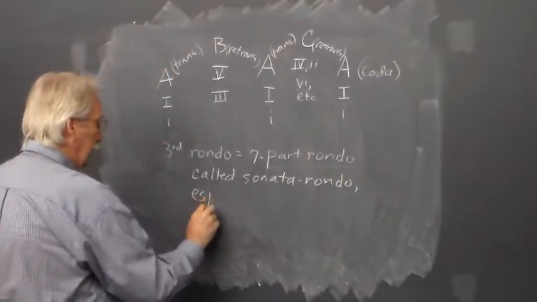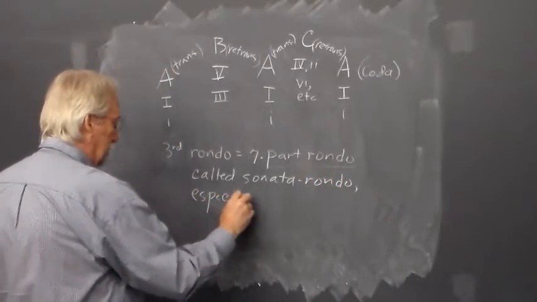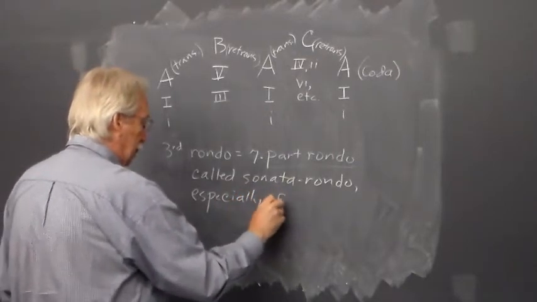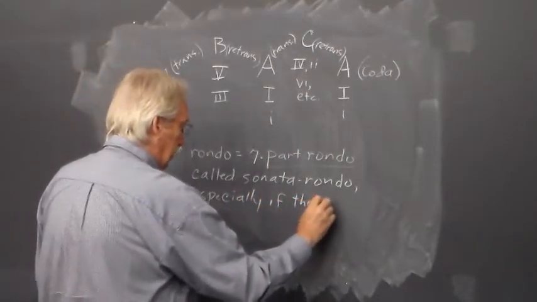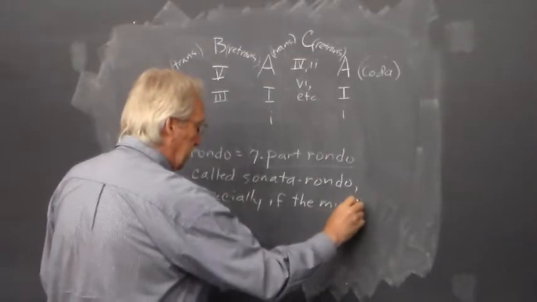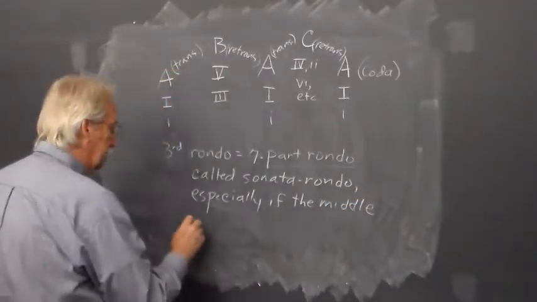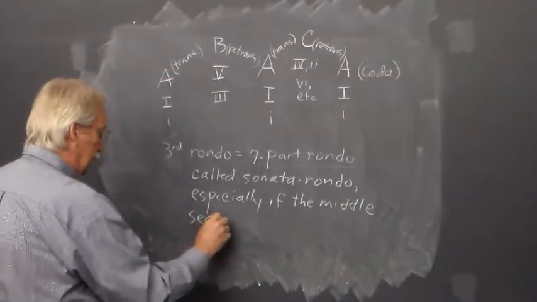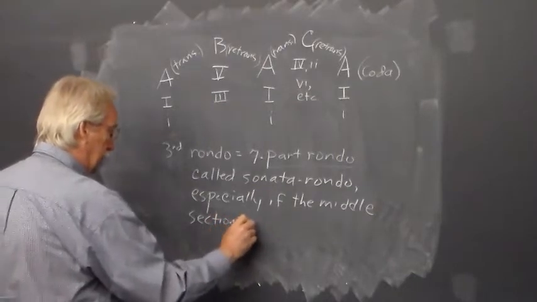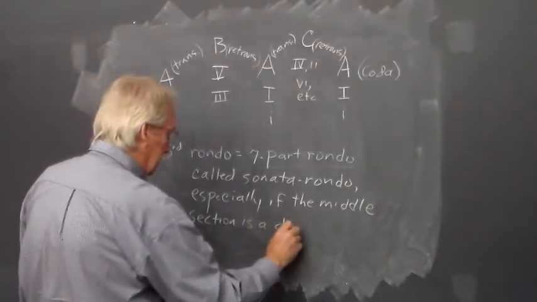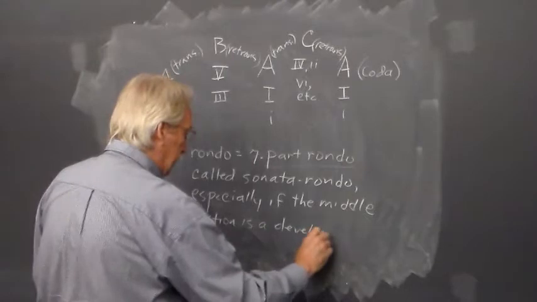So I'm going to write here that it's called sonata-rondo form, especially if the middle section is a development section.